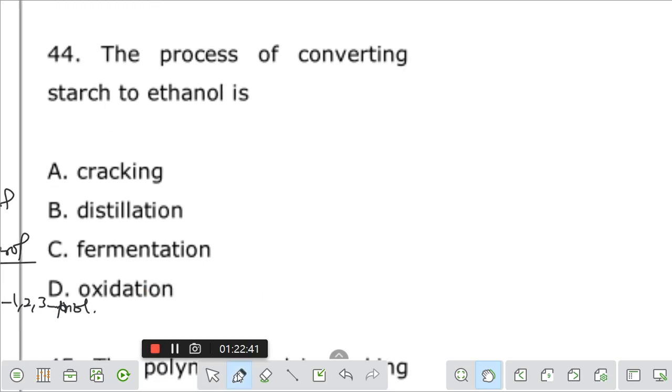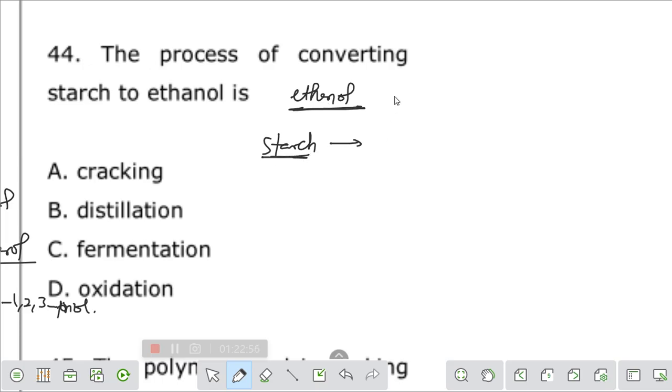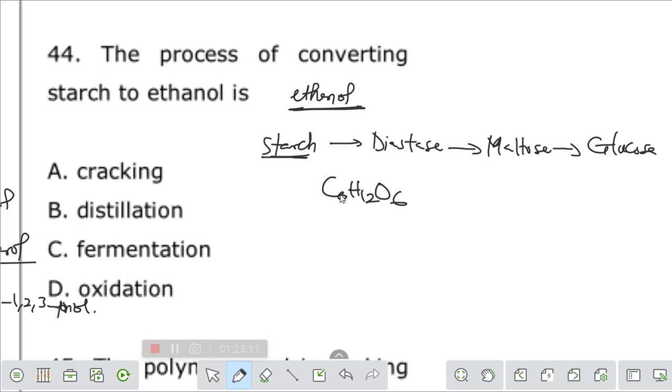Now the process of converting starch. When I was teaching you the properties of ethanol, I told you that the process we can use for production of ethanol is converting starch first to diastase, then to maltose, then to glucose, C6H12O6, and finally we get ethanol and CO2.